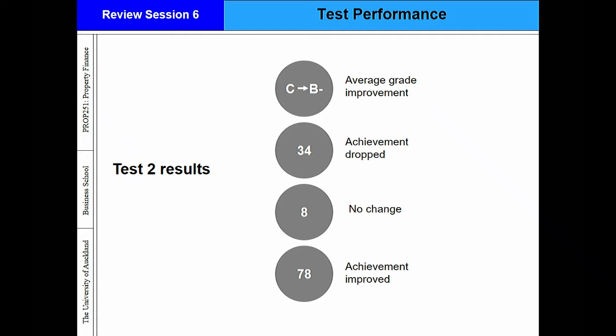If you have seen an improvement, maybe something that you've done differently between test 1 and 2, just continue doing that. Clearly, it has worked for more than half of our students in the class.